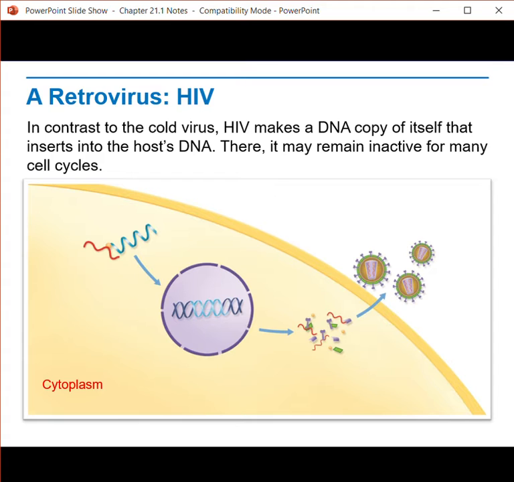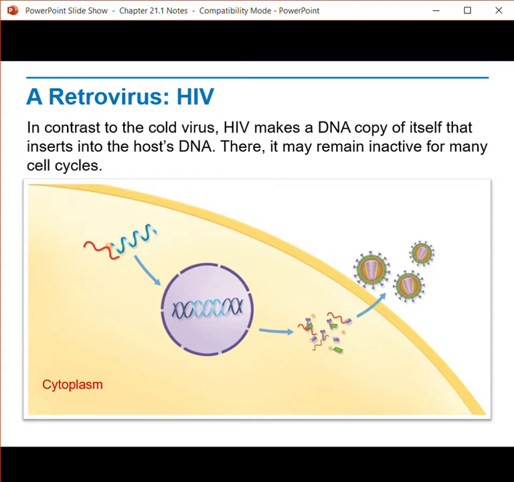We transcribe, we translate it. However, if this virus is going RNA to DNA, that means it's going backwards. So let's go through the process of an HIV infection.